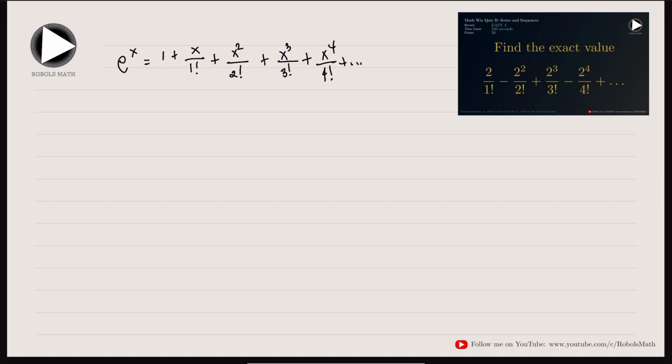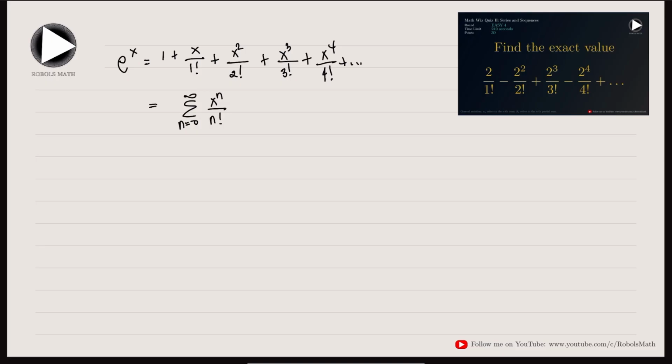Without knowing this, it's almost impossible to find the answer to this one by hand. So this right side, we can write in sigma notation as the sum of x to the n over n factorial from n equals 0 to infinity. Now let's assume that we are familiar already with this series.